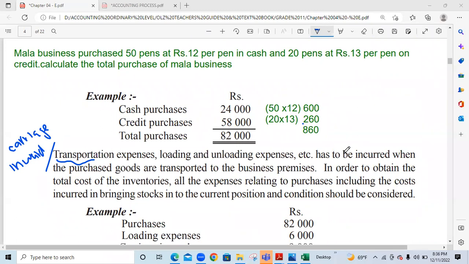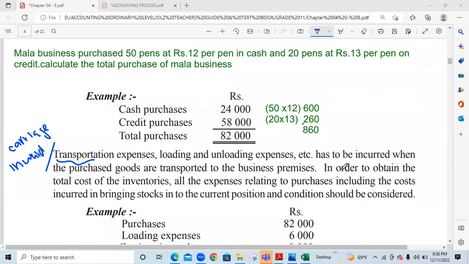Unloading. After the lorry comes to the business, you have to unload it. You have to keep it inside the business, right? So for that also you have to hire people, and you have to pay them money. So that's also a purchase related expense. What are purchase related expenses?